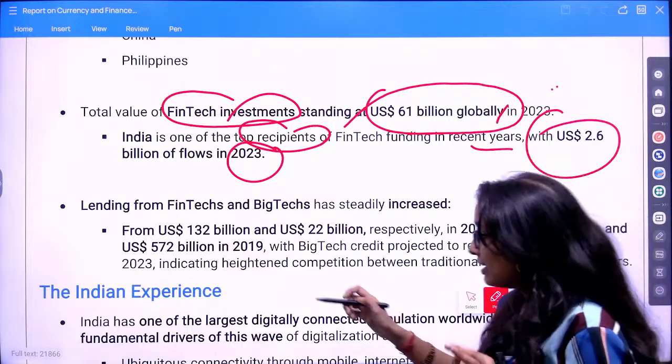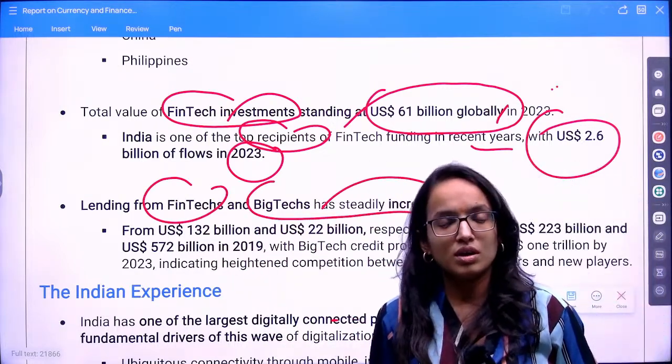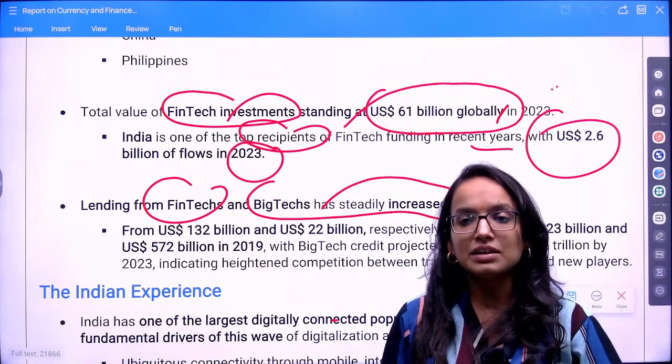Apart from investments, lending from fintechs and big techs has steadily increased. So they are also getting into lending activities.